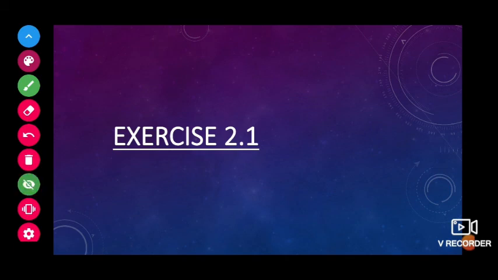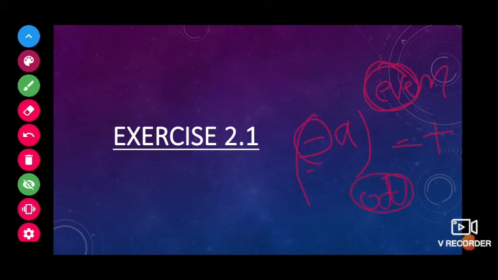Children, if we are applying a power to a negative number, like minus a, based on the power we can decide the sign of the result. If the power is even, then the result will be positive. If the power is an odd number, then the result will be negative.